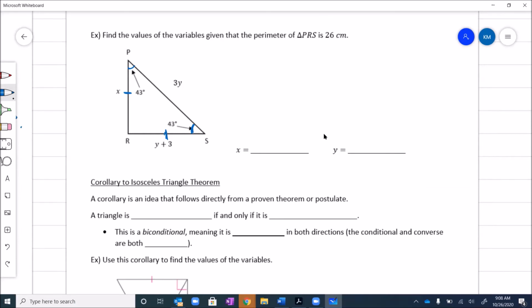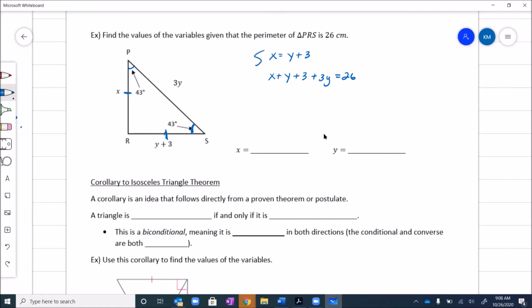Okay, and so we really have two equations that we can use with all the information they told us. They've told us that X is congruent to Y plus 3, because those are the sides opposite the congruent base angles. And then they also told us that X plus Y plus 3 plus 3Y equals 26. Okay, so this is the information that they gave us.